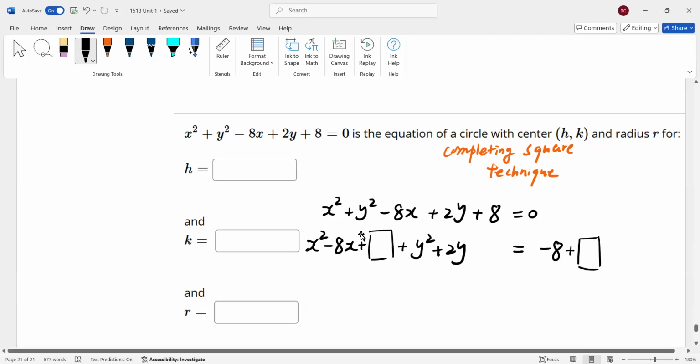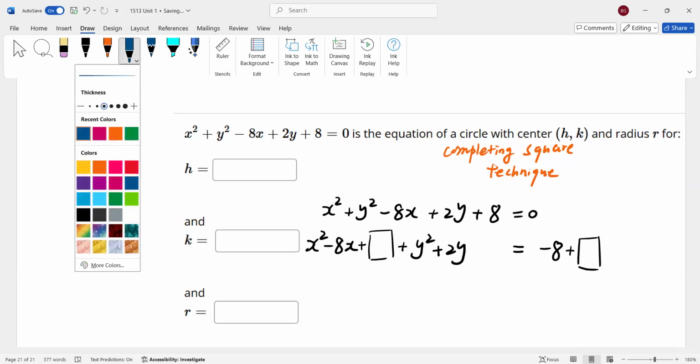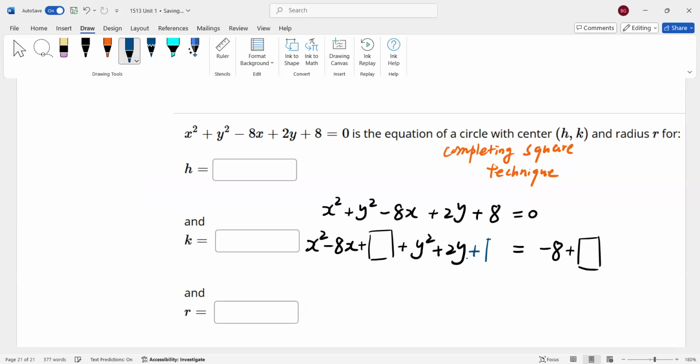So I put a box here, meaning we are going to add a number in the box. To do that on the left side and keep the equation unchanged, I have to do the same thing to the right side. Similarly, I'm going to add a number with the terms in y, and to keep the equation the same, I'm going to do the same thing to the right side as well.